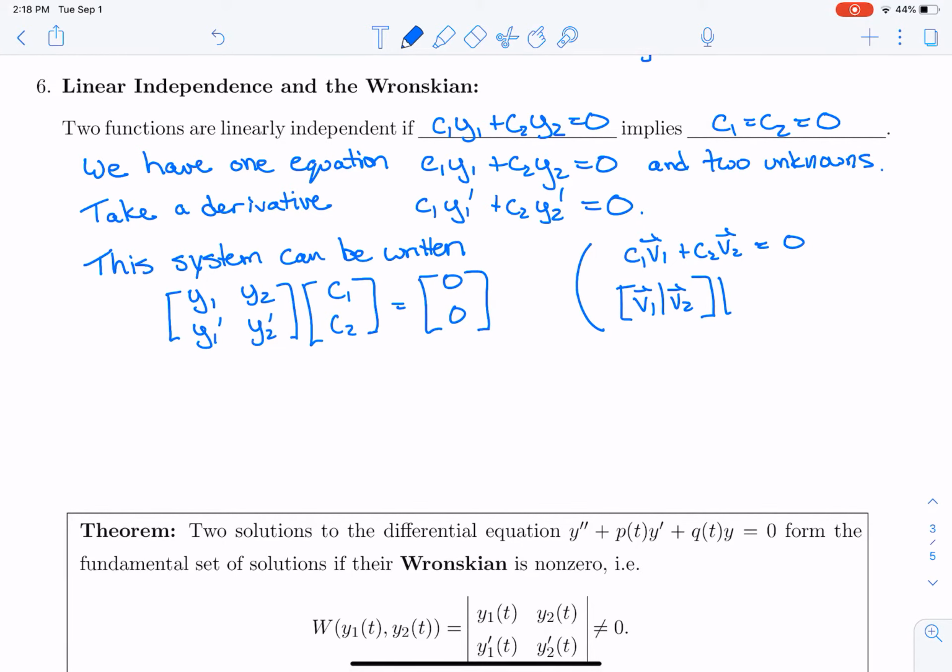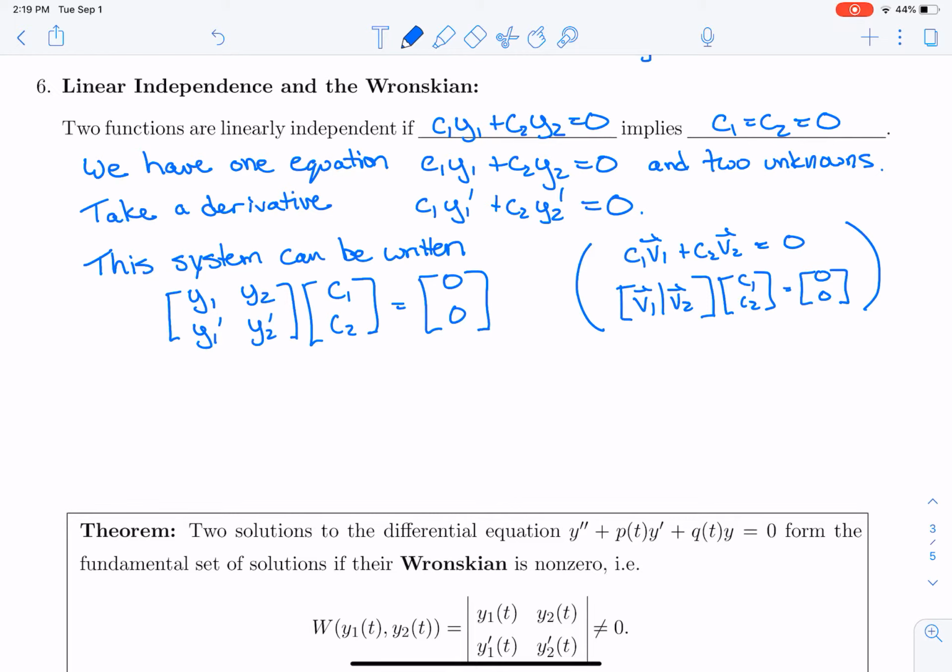We would have multiplied that matrix times the vector c1 c2 and set it equal to 0, and then we would have solved for c1 and c2 to show that those two vectors were linearly independent. So we're doing the same thing, but now our matrix is not formed by the columns of y1 and y2, but actually y1 and y1 prime for the first column and y2 and y2 prime for the second column.